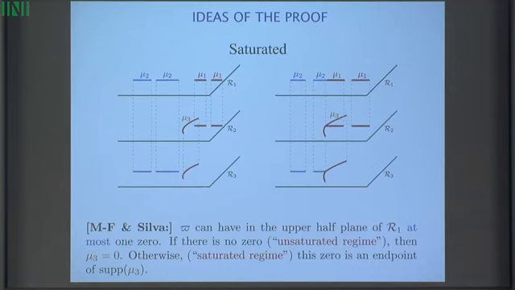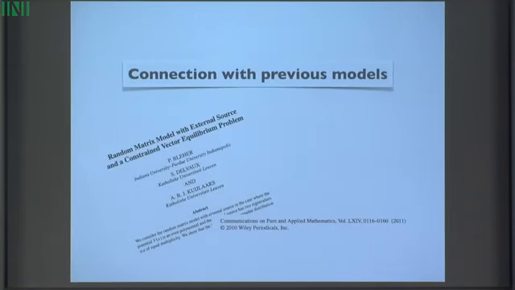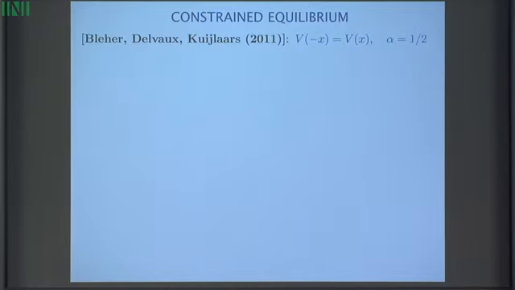Okay, as I said, I want to make a short comment on the previous work. In this work, in 2011, Bleher, Delvaux, Kuijlaars introduced an electrostatic model for a very specific case, the totally symmetric case, where the polynomial is even and alpha is 1/2.